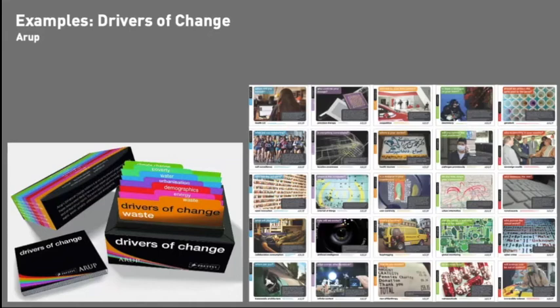Just looking at the filing tabs over here, I was thinking of some playing cards, and I realized that the IDEO method cards are also structured in a similar way into 4 categories, and the 4 categories in that case kind of correspond to the 4 stages of the British Design Council's double diamond model of the design process that maybe some of you know.